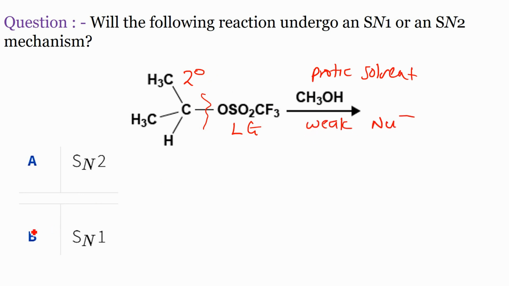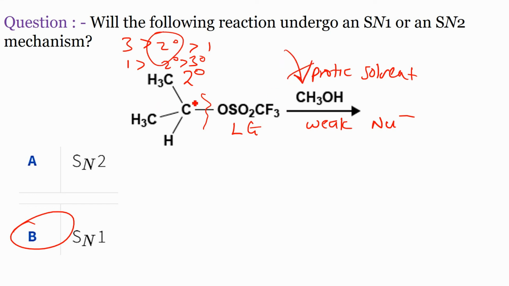So definitely we have to go SN1. Okay. Remember, secondary substrates can either go SN1 or they can go SN2 because they are right in the middle of the ranking. So we have to look at what's provided on the arrow for secondary substrates.